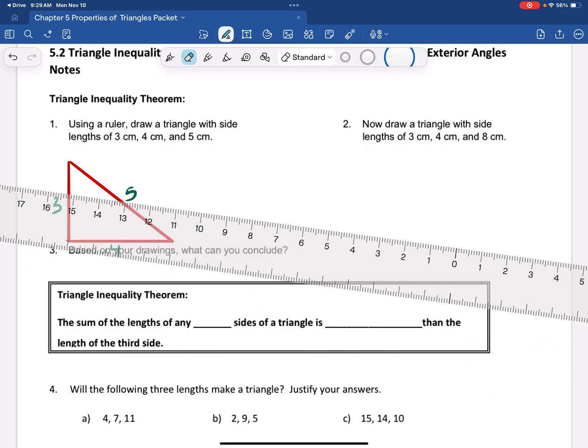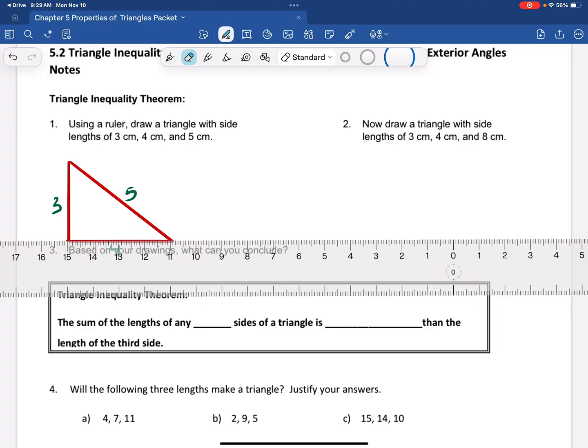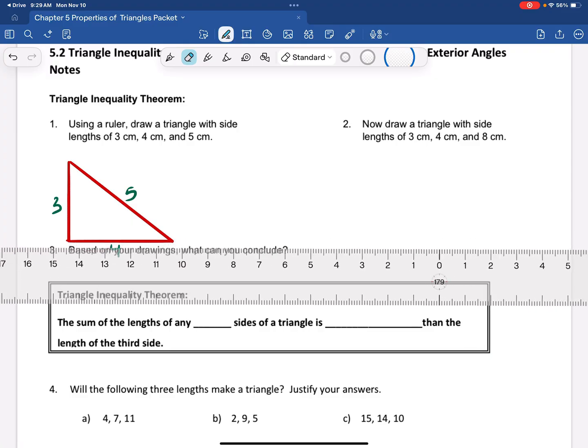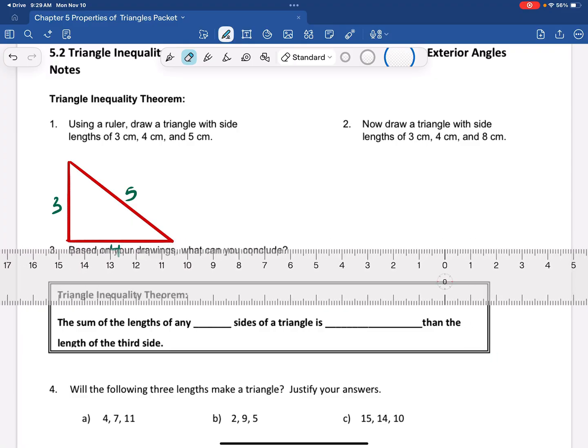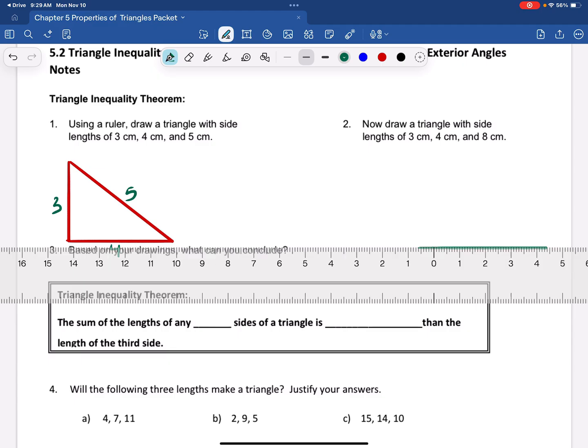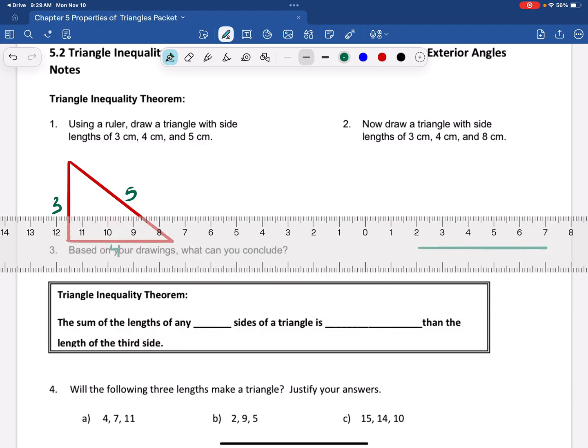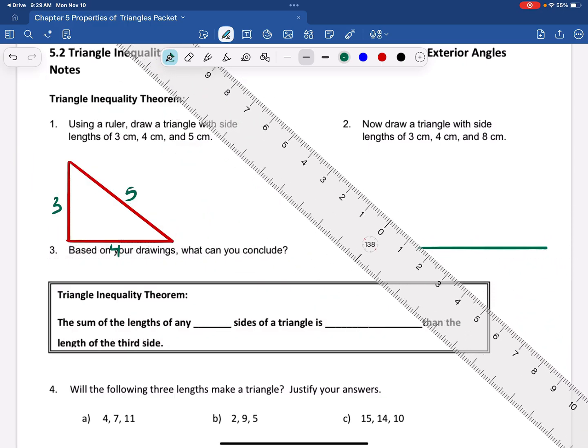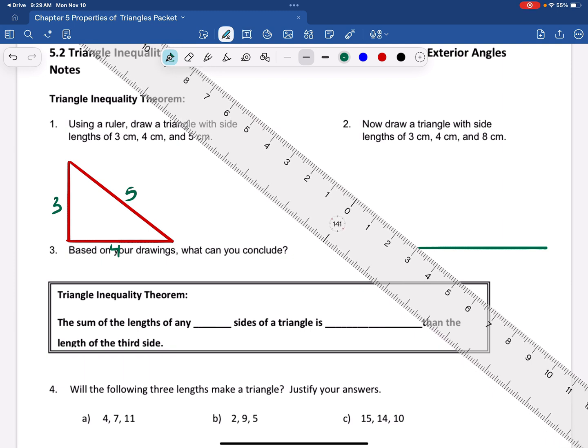So what I need to do, I guess, is erase, and put the 4 here. And then I'm going to make my 3, and turn it sideways like that, maybe open it up a little bit.